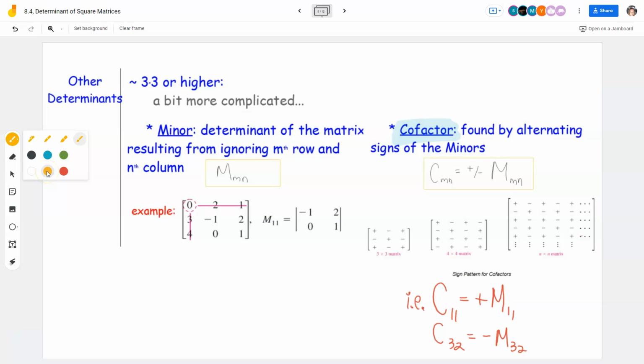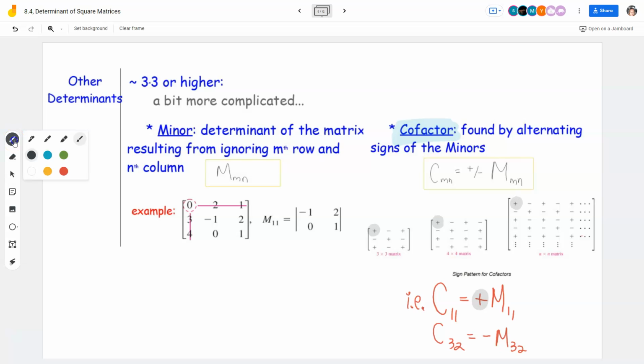Let's start with the first one. Question. Cofactor 1, 1. What am I looking at? Any matrix, where am I going to be looking? 1, 1. Hey, in the first row, first column, what are all the signs? And what are the signs always going to be? Positive. Yep. But what am I looking at for the next one?